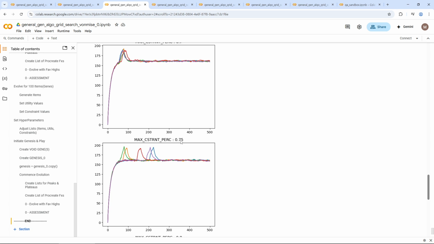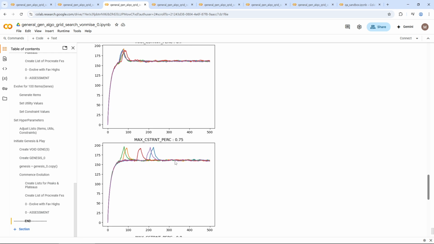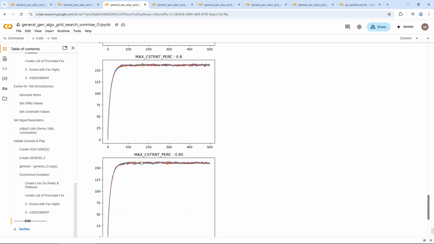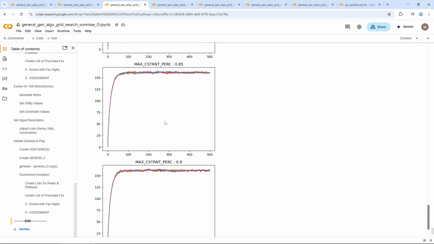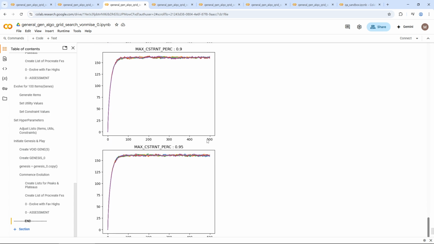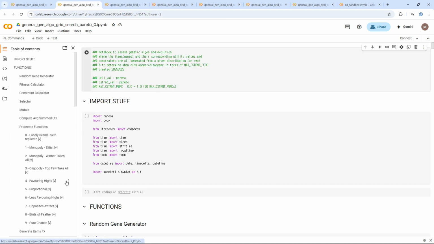At 75%, we do have the plateau at about 160, and some peaks, but at different times. At 80, we do have plateaus, but no peaks whatsoever. At 85%, no peaks, just plateau at the same level. At 90, 95, 100, same level.